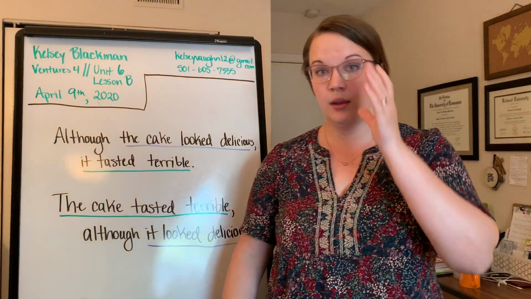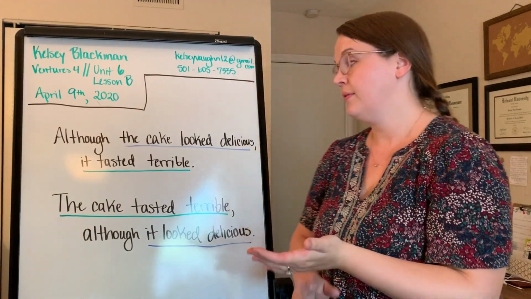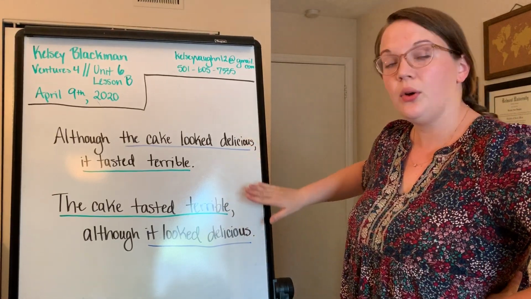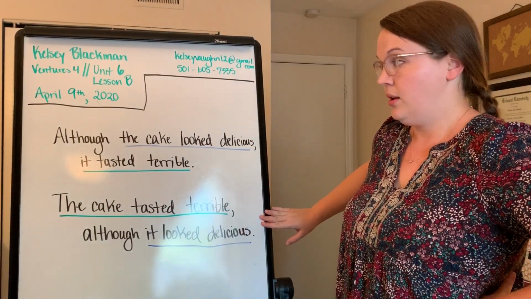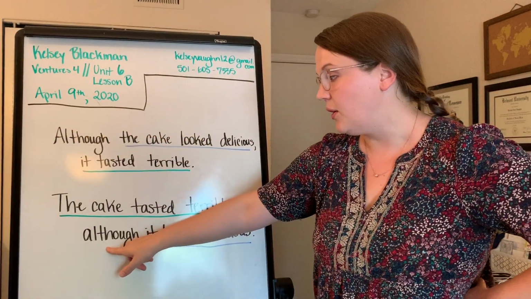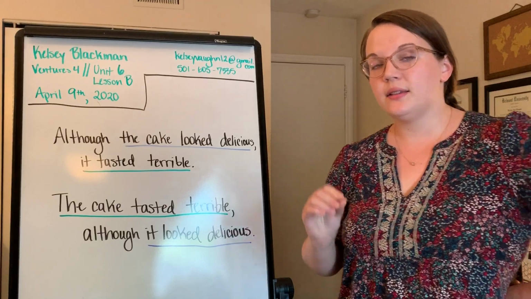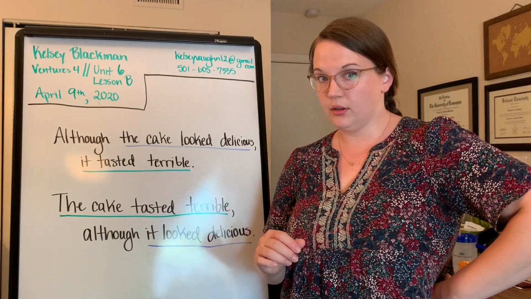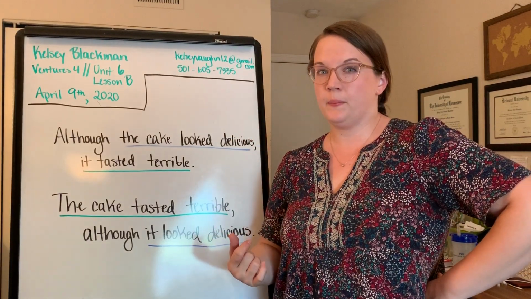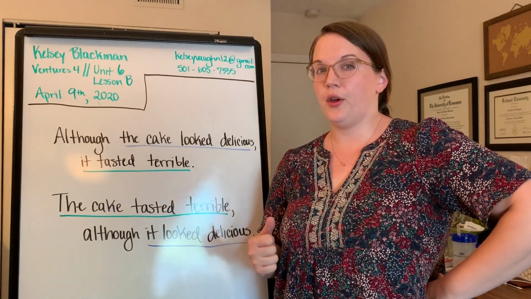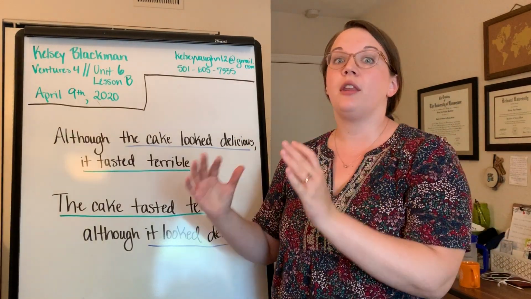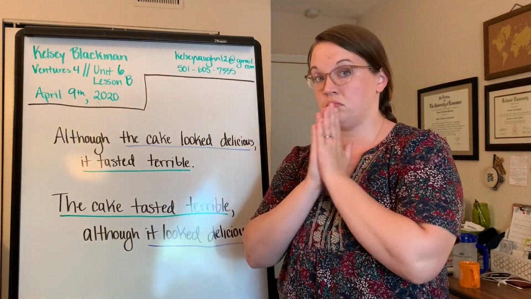So, are you with me? So, in both of these sentences, whether although is at the beginning or it's in the middle, which piece of information does although always go with? You're going to put although with which one? The surprising information or the not surprising information?